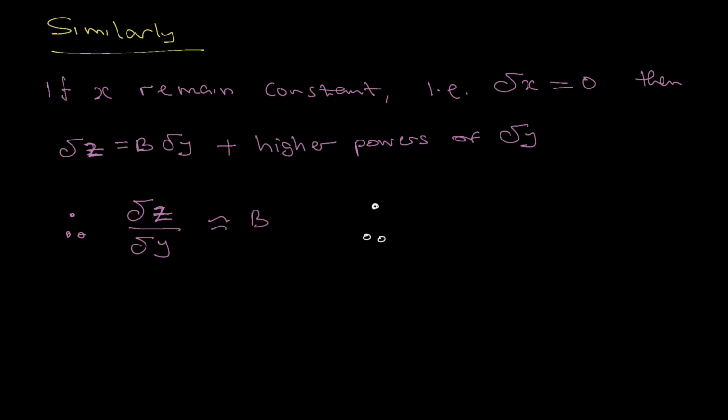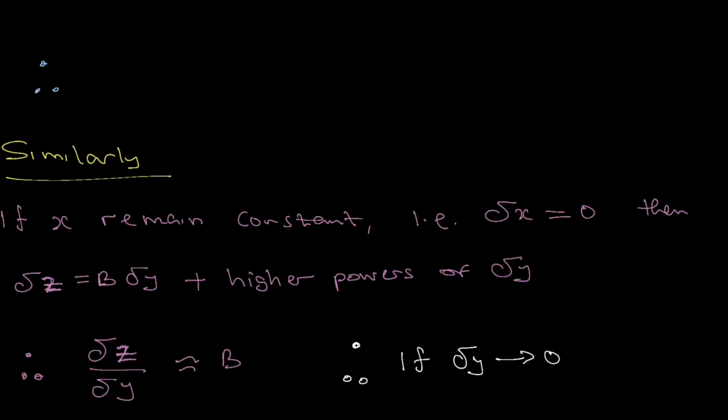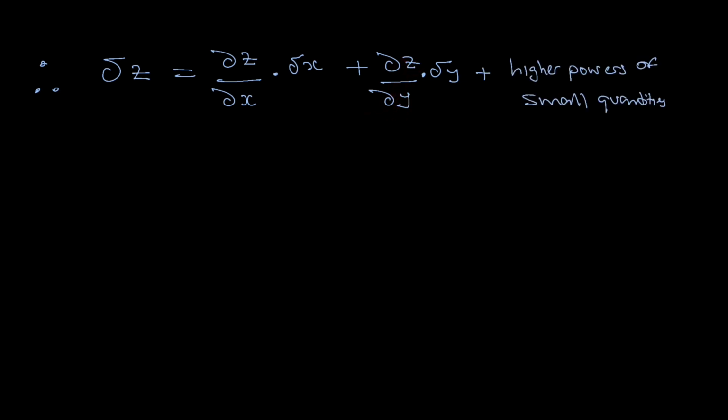And therefore, if delta y tends to 0, we then get b to be equal to the partial derivative of z with respect to y. Therefore, delta z will be equal to, remember that was a, and a is the partial derivative of z with respect to x, times delta x, plus b delta y, and b is the partial derivative of z with respect to y, plus the higher powers of small quantities.